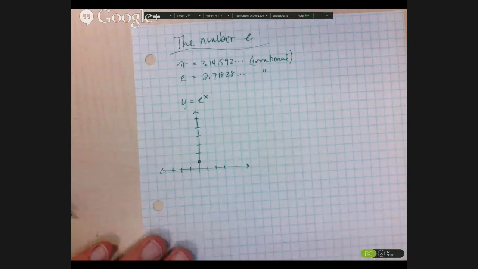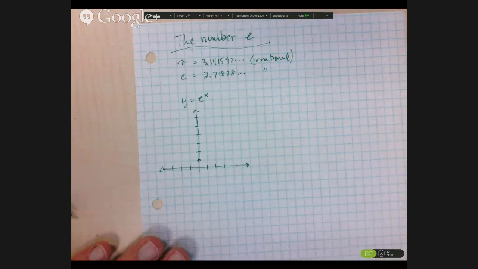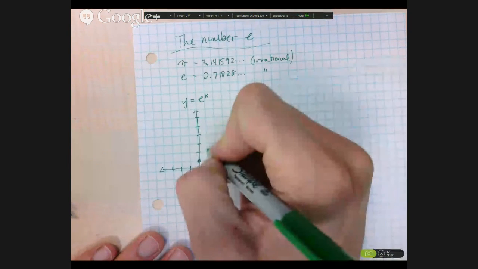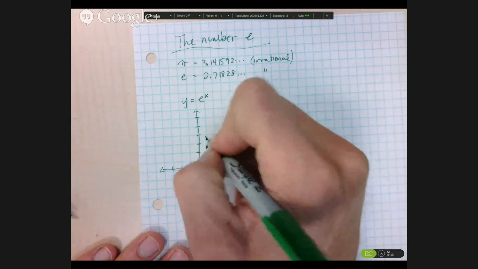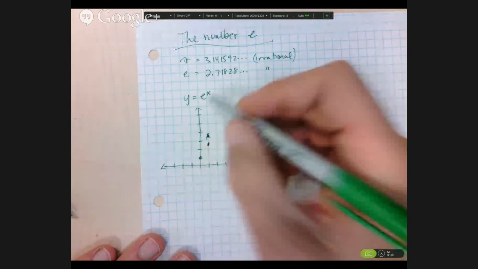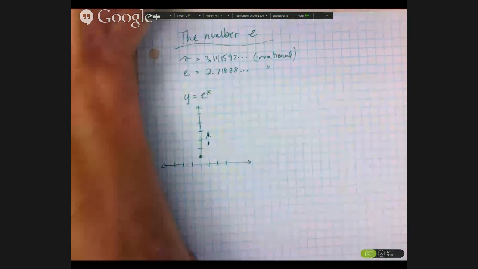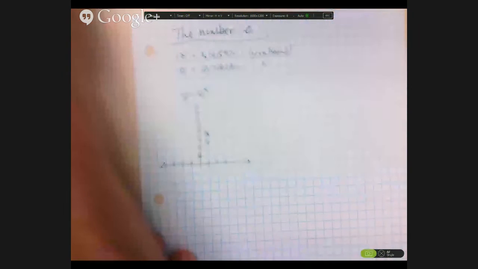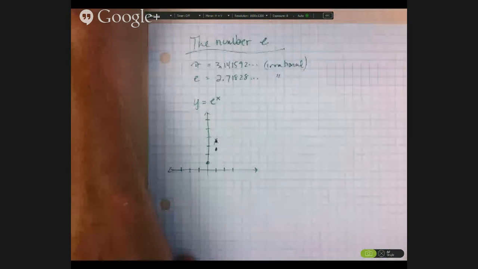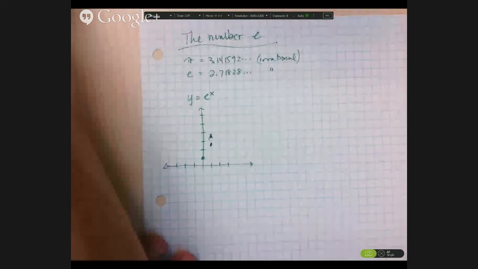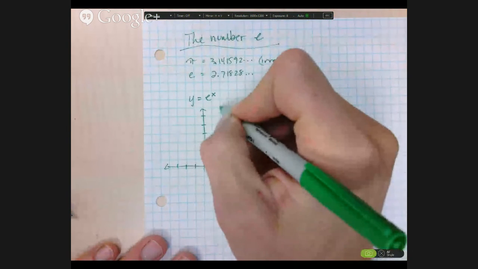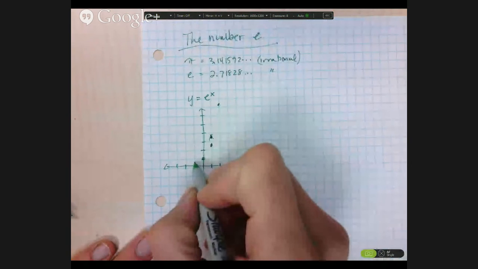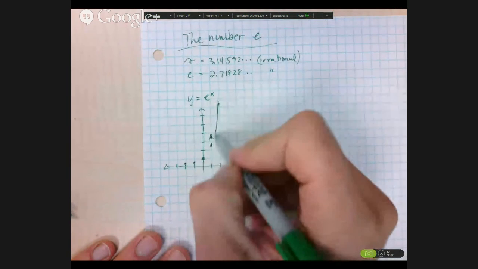Okay. e to the first is e, so that's 2.7. Oh, that's 2.7. Cross that one out. 2.7. e squared. Anybody off the top of their heads? About 7.3. Somewhere in there. And then it's going to come down somewhere in that area, approximately.